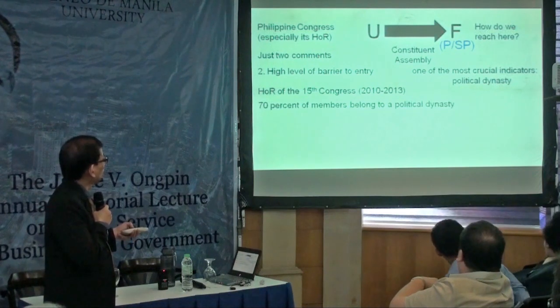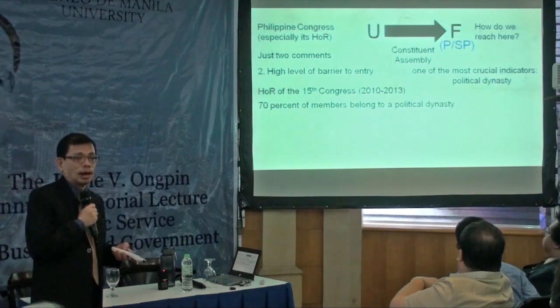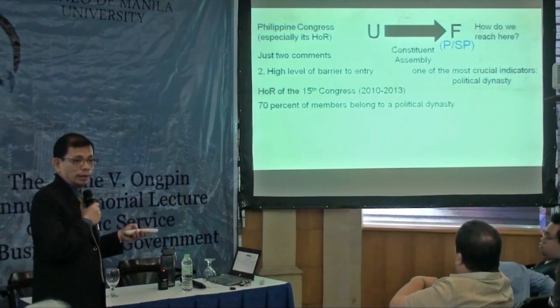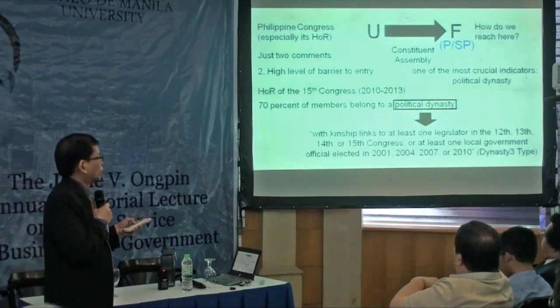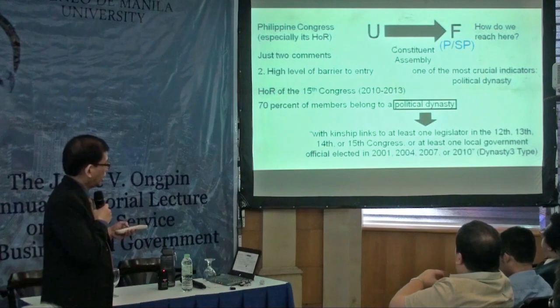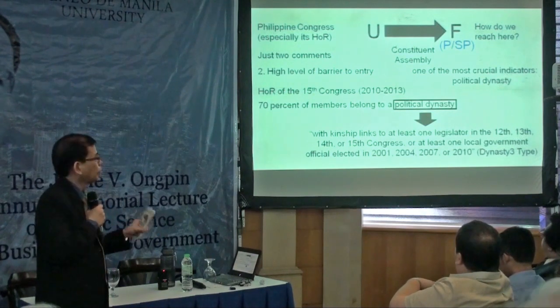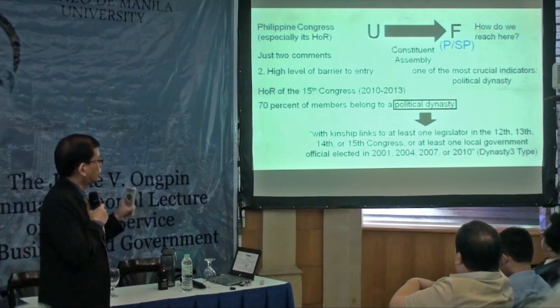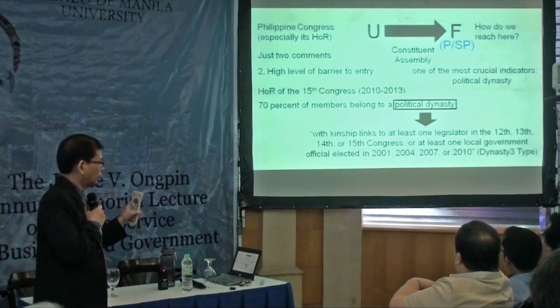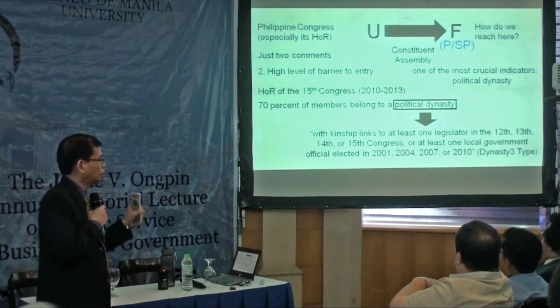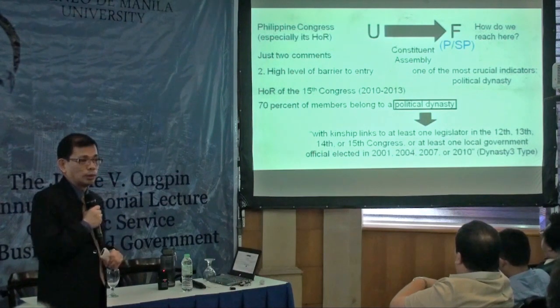According to this article, 70% of members actually belong to a political dynasty, defined as, quote-unquote, with kinship links, that is one legislator in the 12th, 13th, 14th, or 15th Congress, or at least one local government official elected in 2001, 2004, 2007, or 2010.